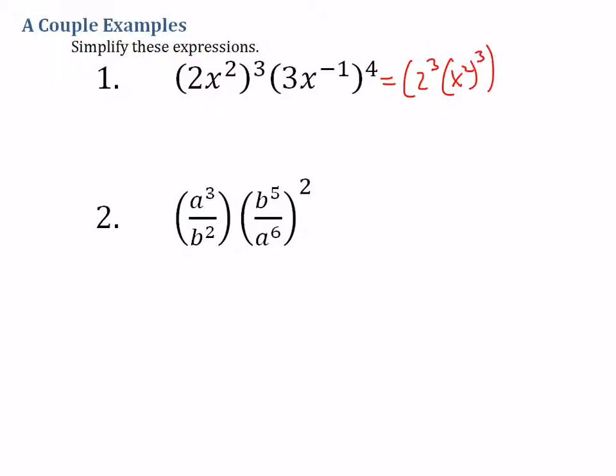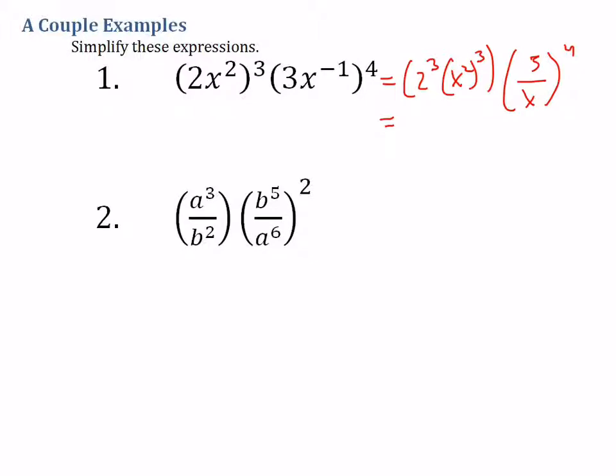And here, we can do a couple things. We've got this x to the negative 1. What we might want to do first is make that positive. So let's make this 3 over x to the positive 1 to the 4th power. Okay, well, here, let's keep going.